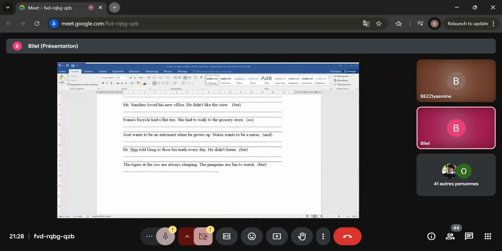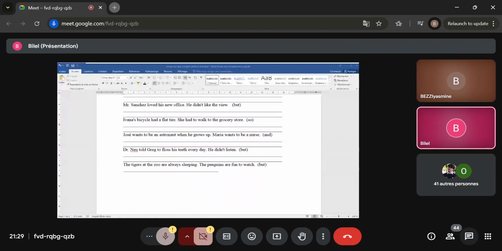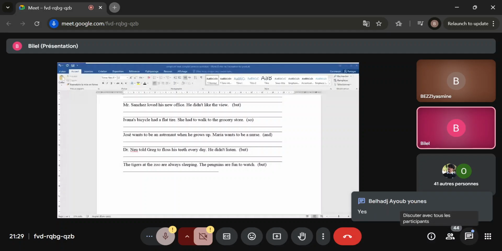Subordinating conjunctions. Unlike the coordinating conjunctions, these conjunctions are a little bit more complicated.